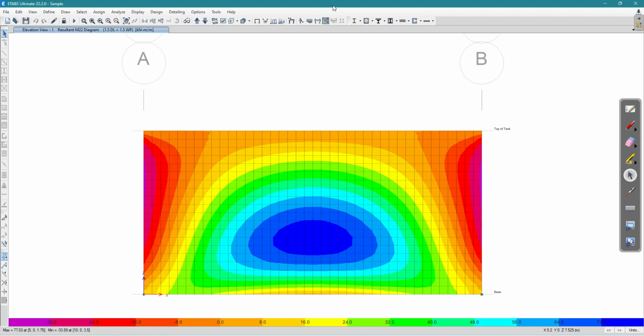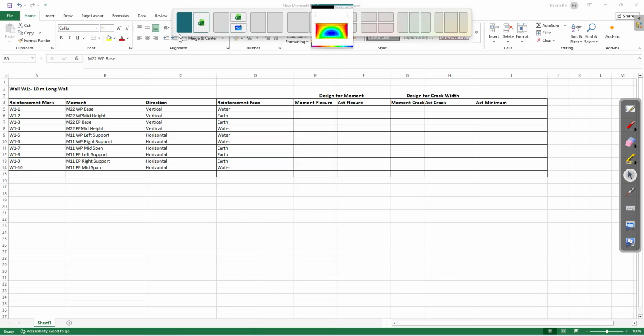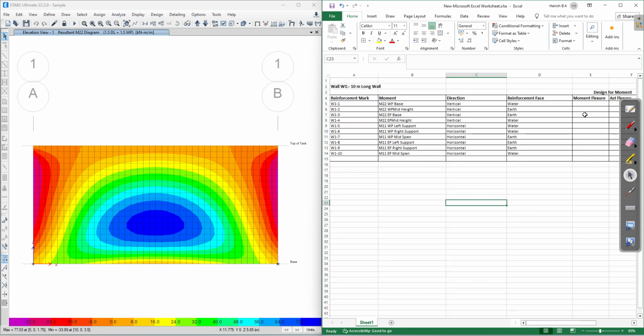Okay. Again I will use split screen option. See here. First you have M22 water pressure base. So your moment is M22.